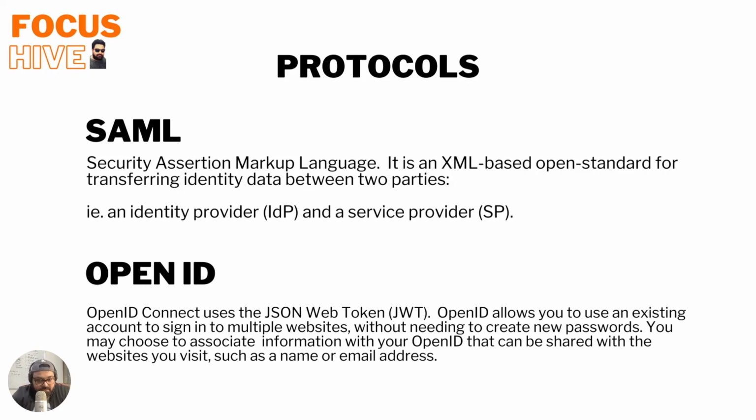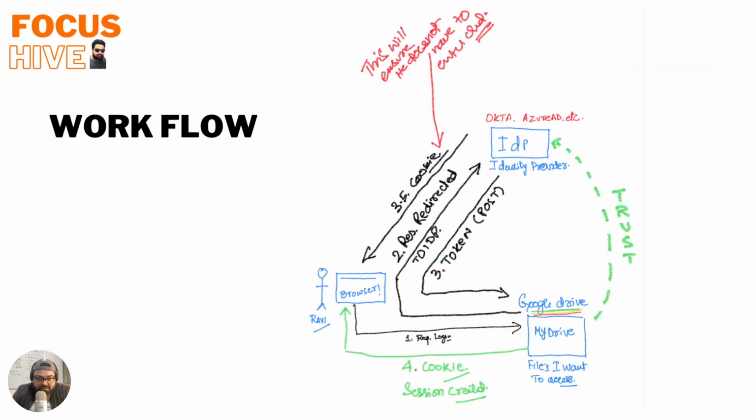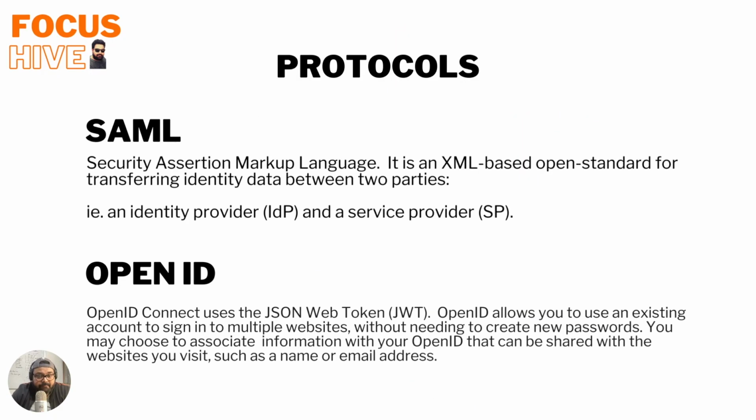So the method that I spoke about, mostly in the corporate network, uses SAML, XML-based authentication. So this token that was being sent to the service provider was sent in the form of XML using the SAML protocol.